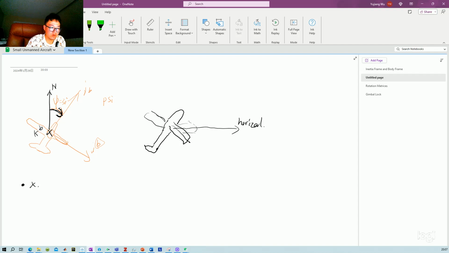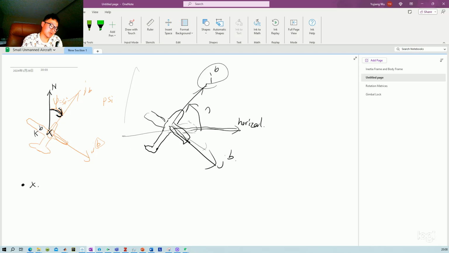This is your body frame, your nose, which is iB. Similarly, this is your jB, and that's your z. But it doesn't matter about jB and z. It is really the horizontal plane. The angle between your horizontal axis and your iB axis is defined as your theta.